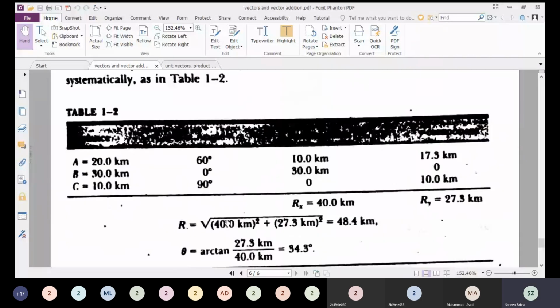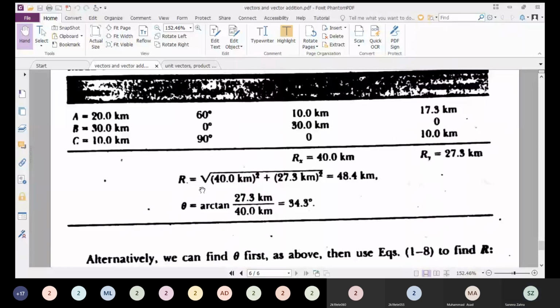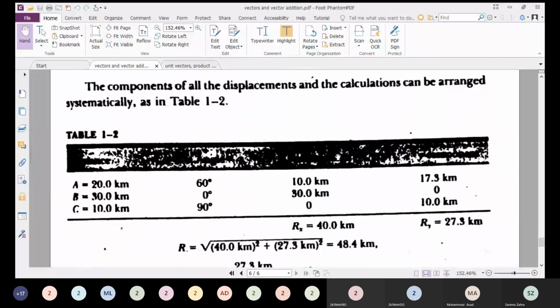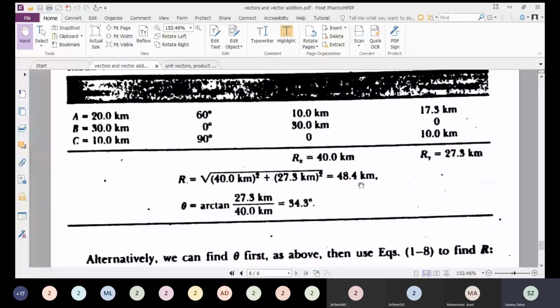Now to calculate the resultant, we know the resultant is equal to the square root of ax squared plus ay squared. Putting in the values, you will get the value of r, and then theta will be tan inverse of ay over ax, and you will get this. This is one method.